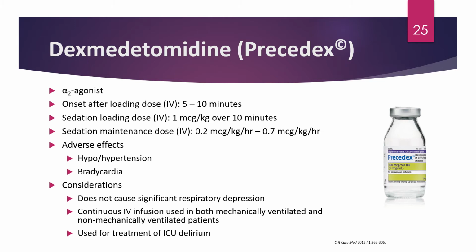Well, some patients may develop acute delirium or ICU delirium. That might cause a danger to the patient's self. They might become very agitated. They might become a danger to themselves, basically having a very high SAS score or a very high RASS score.